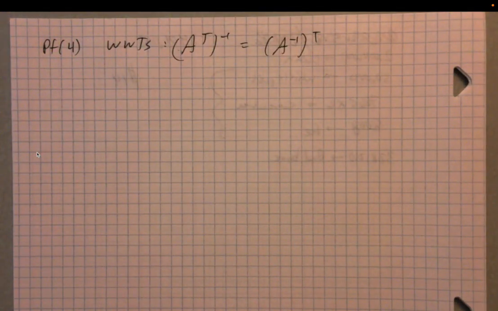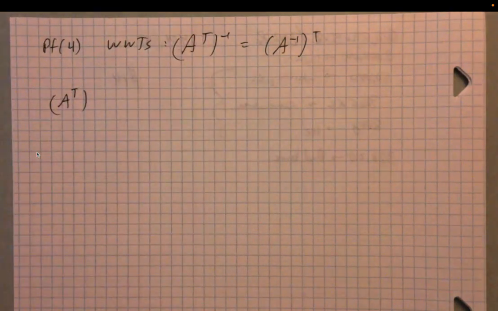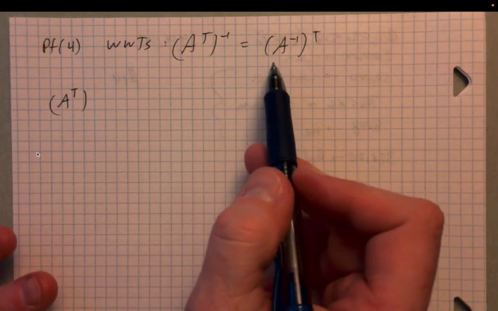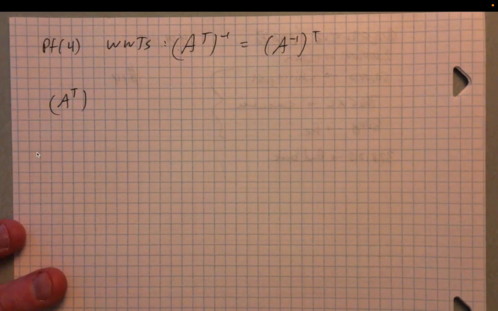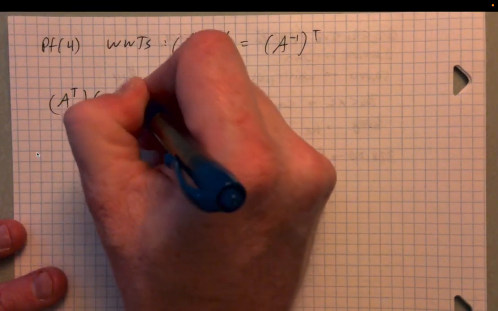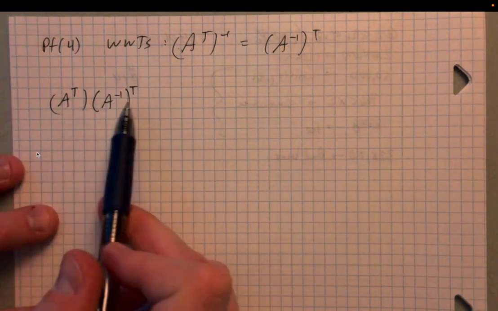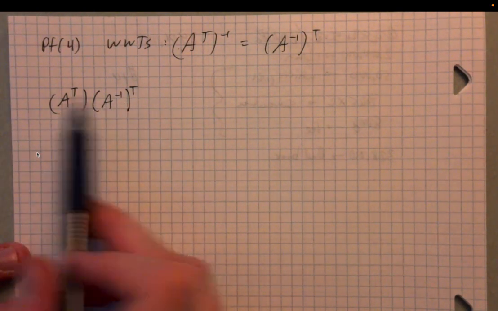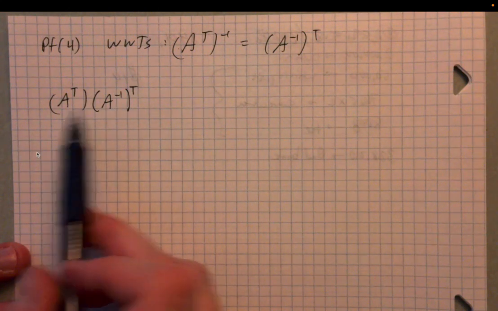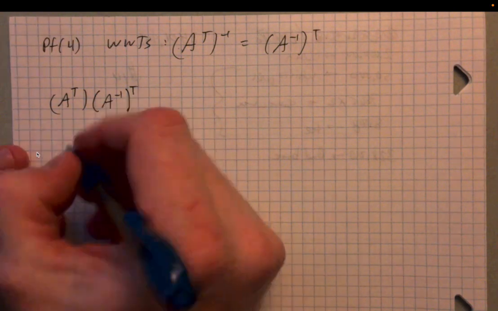So let's start with the transpose of A, and multiply it by A inverse transpose and see if it works. Now we saw a theorem a while ago about transposing two matrices multiplied together. Let me remind you.